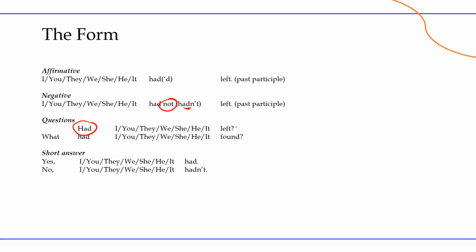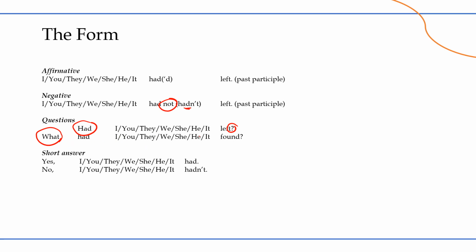Don't forget to give a question mark here for the question. And then for a WH question, just put the WH question word before the yes-no question. The remaining form is the same as the yes-no question.